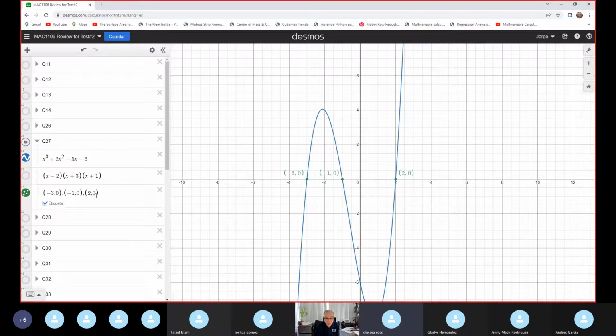But at the beginning, you don't know, but you click here on the curve, and you see in gray color the point. Of course, in the graph of Desmos, you see only the real zeros of the polynomial. They are negative 3, negative 1, and positive 2. And now you come back again to the whiteboard.